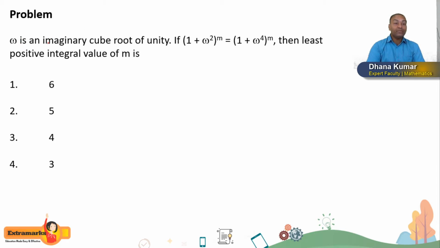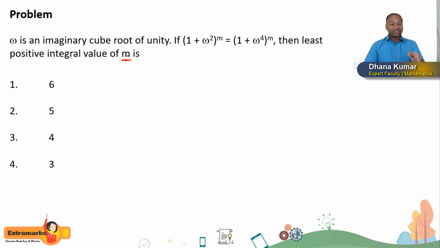Omega is an imaginary cube root of unity. In the first question we discussed nth roots of unity, that was the 7th root of unity problem. Now here, cube roots of unity. And (1 plus omega square) power m is equal to (1 plus omega power 4) power m. Then find the least positive integral value of m.